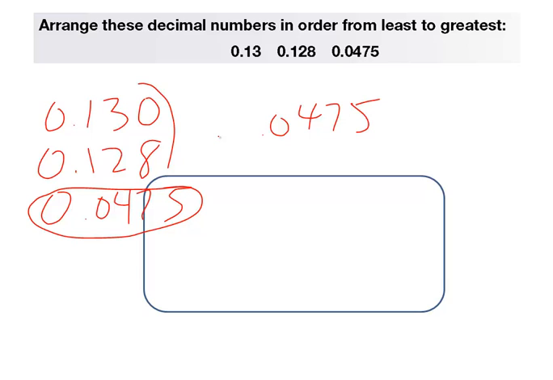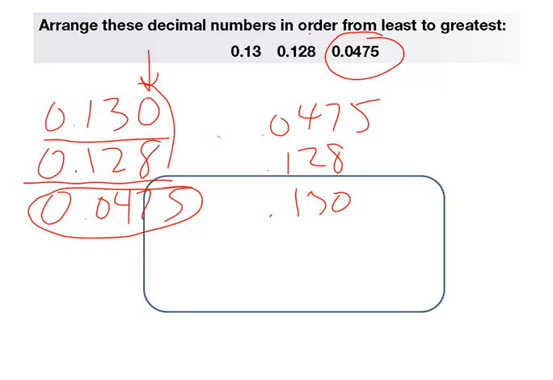It is. Anytime you have those, go ahead and fill those in with zeros to help you see that, because it's very easy to see that 128 is a lower number than 130. So our correct order would be smallest, next to smallest, the greatest.